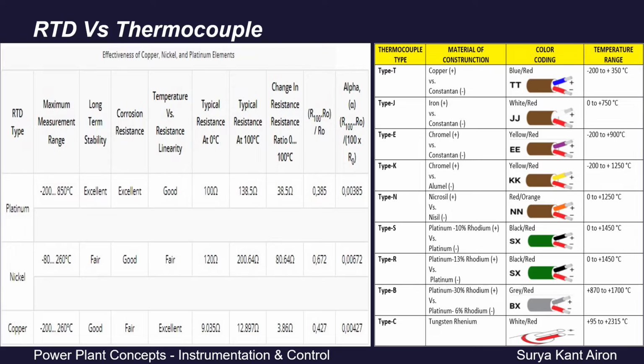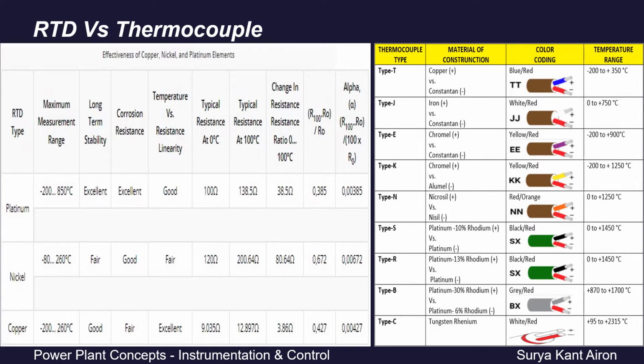1250 degrees centigrade. Whereas for a very high temperature range, such as in a furnace, we use a type C thermocouple made up of tungsten rhenium to measure up to a temperature of plus 2315 degrees centigrade.